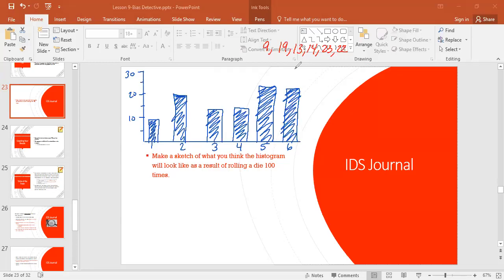Do me a favor. Raise your hand in the participants window. I'm going to lower all the hands here. Raise your hand when you finish your histograms.